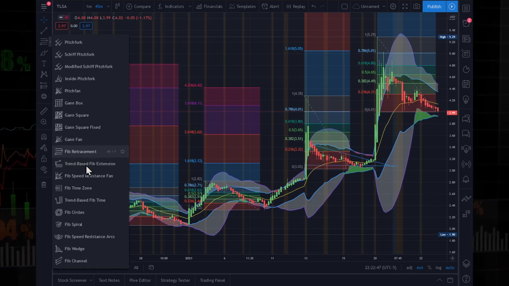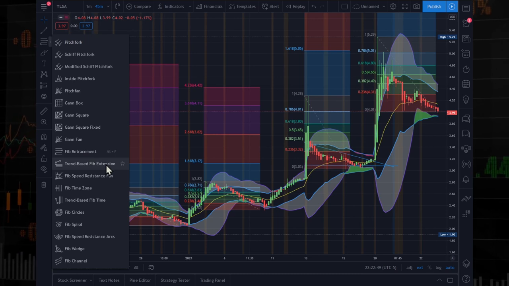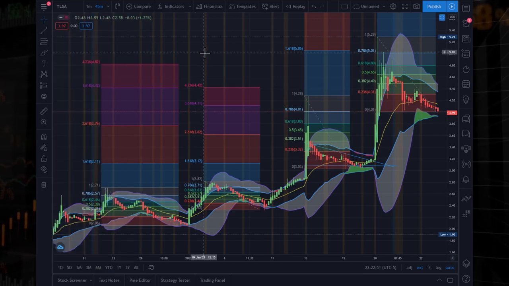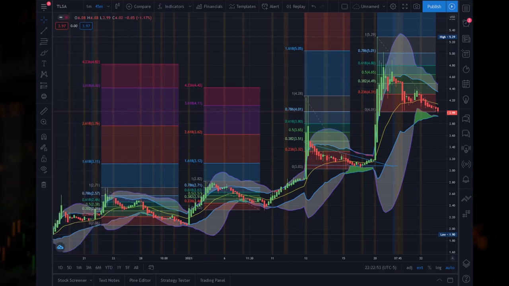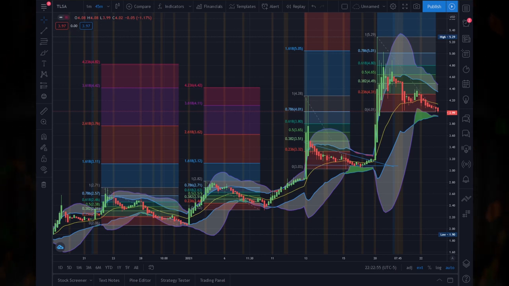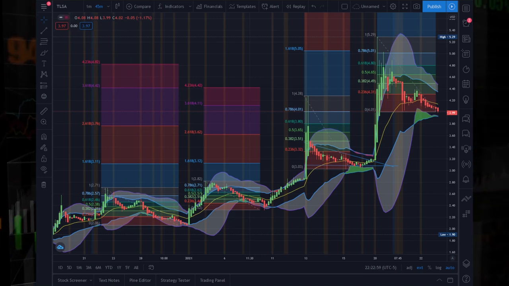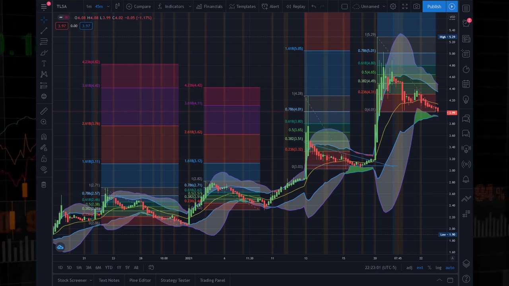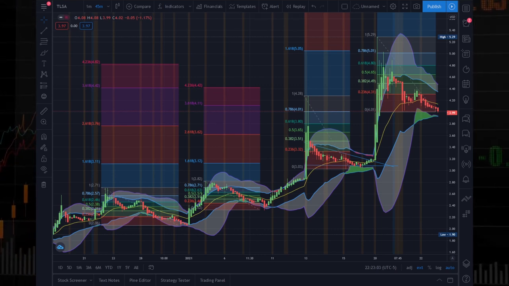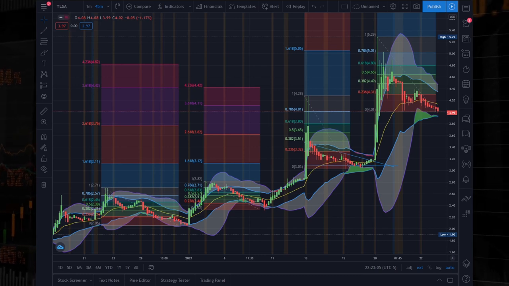Retracements are a two-point tool, where the extension is a three-point tool. They are calculated completely differently as well. If you don't know the difference, I do recommend looking into it. We will cover them more in depth in the future.